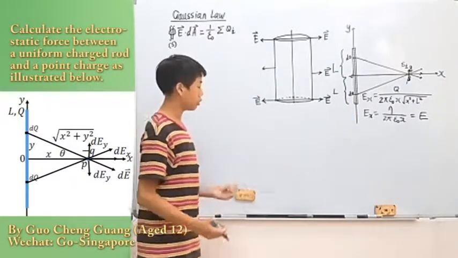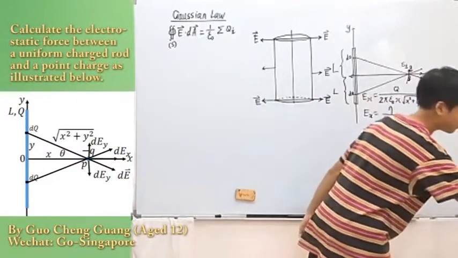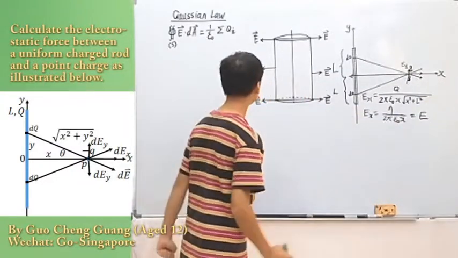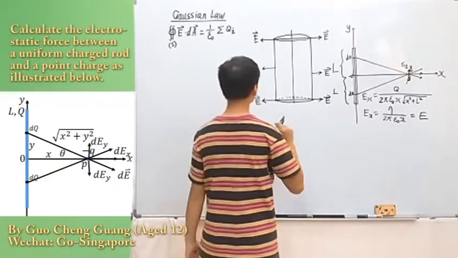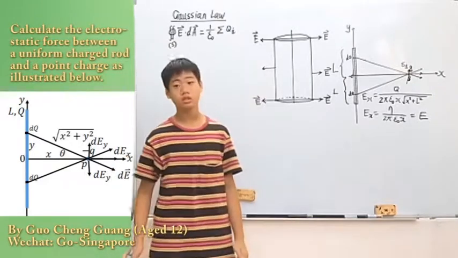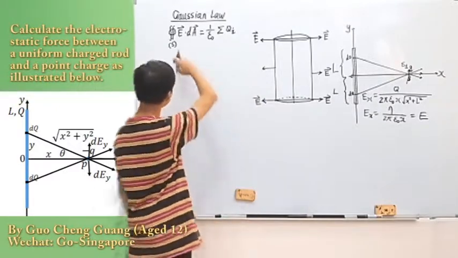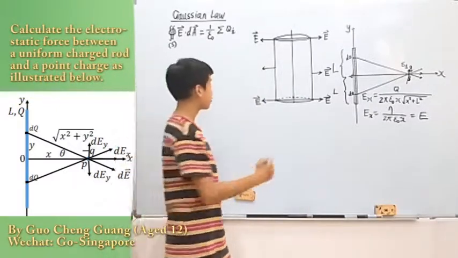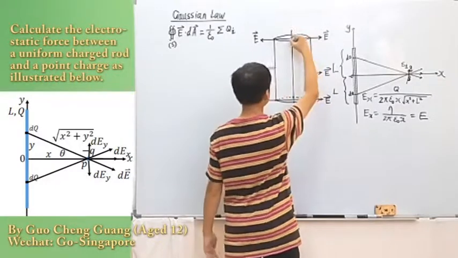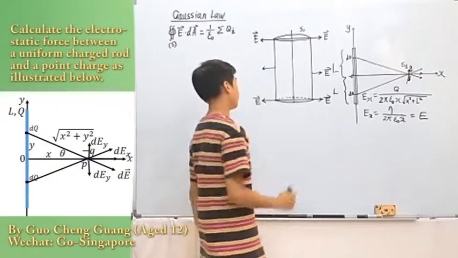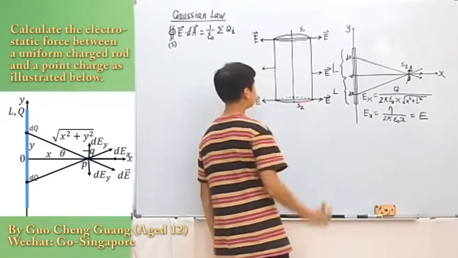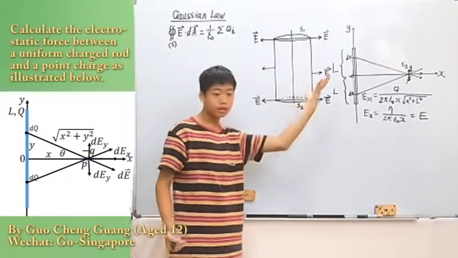So we have already solved one problem, which is our Gaussian surface. Which shape should we use? Alright, so we have solved that problem here. Then after that, how many surfaces do we have? Since we need to find for each of these surfaces. On top here, a circle, we have S1. Below, another circle, S2. Then how about this curved surface here?